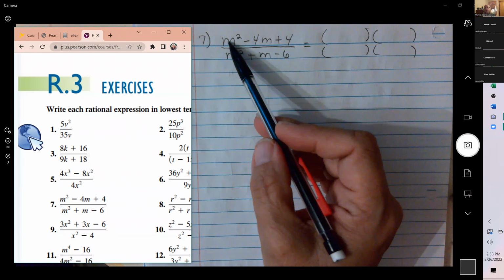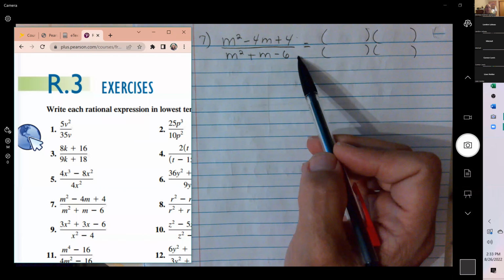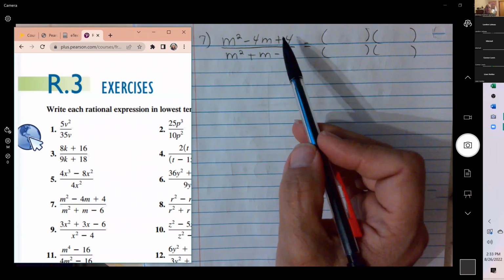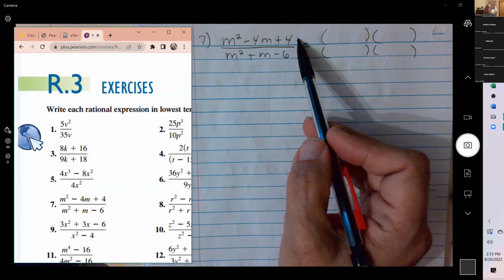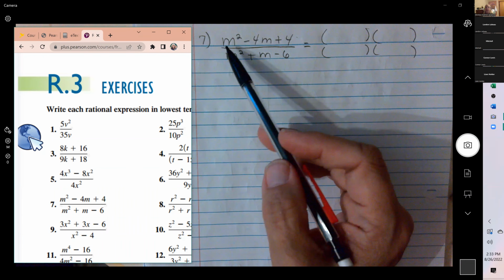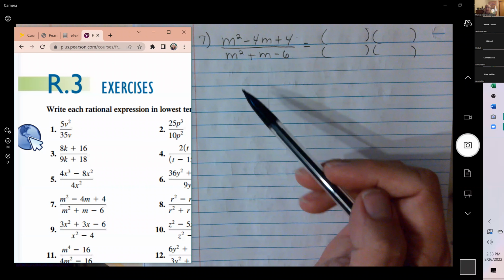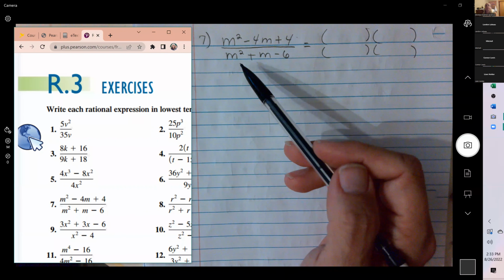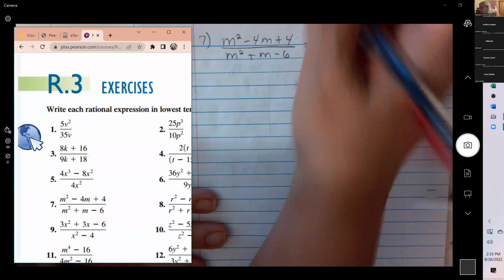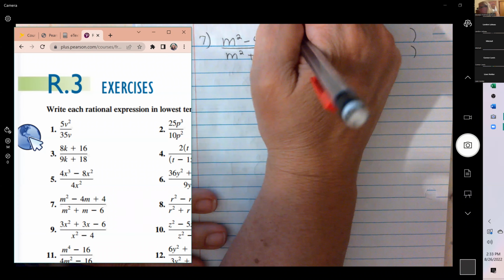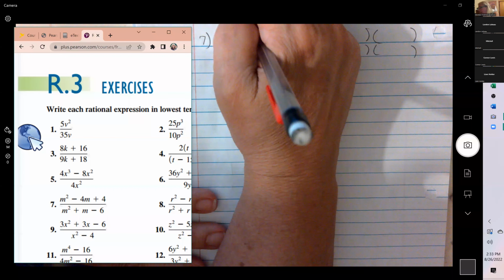We have 3 terms on the top, 3 on the bottom. The only way we could cancel is if something went into all of them. But nothing goes into all of these. Have to factor. We need 2 numbers. When we multiply, we get a 4. That when we add, we get -4.